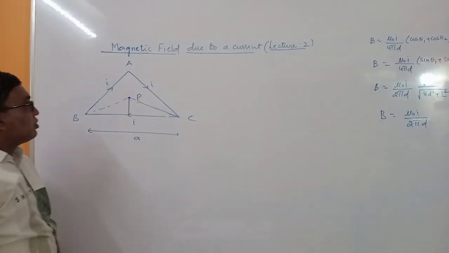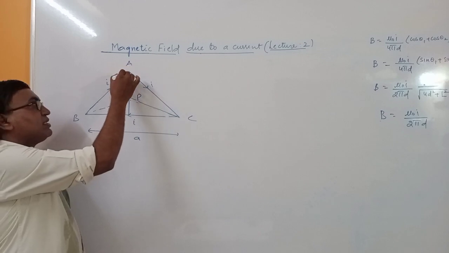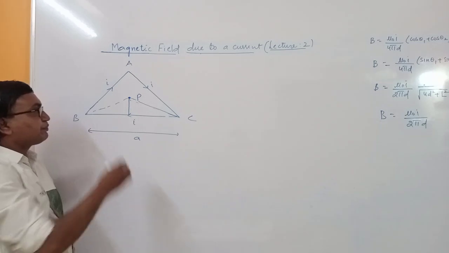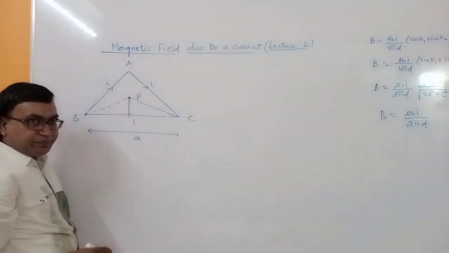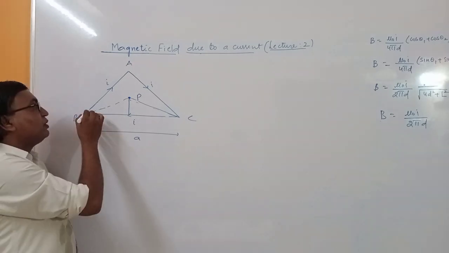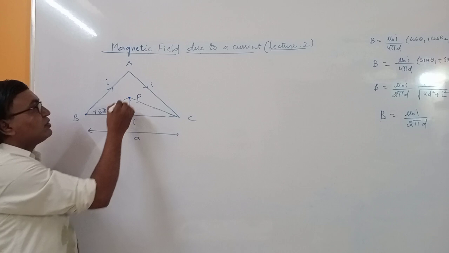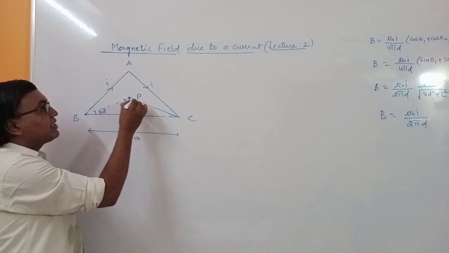Now in the equilateral triangle, this is 60 degrees, this angle is also 60, this angle is also 60, and the line joining the vertex to the centroid will bisect the angle. So this angle is 30 degrees, and this angle is 60.